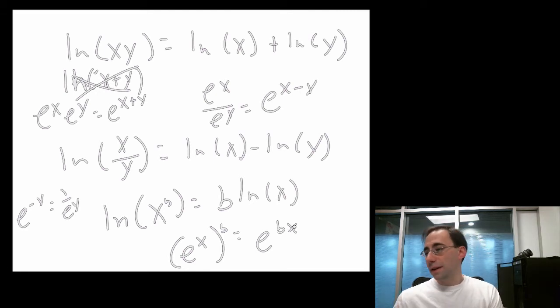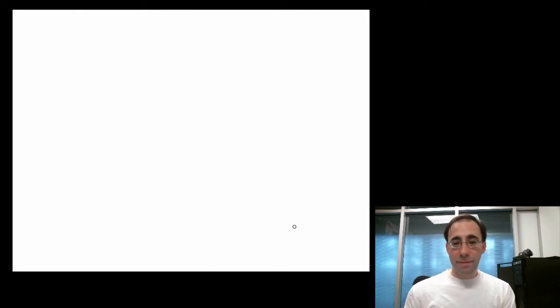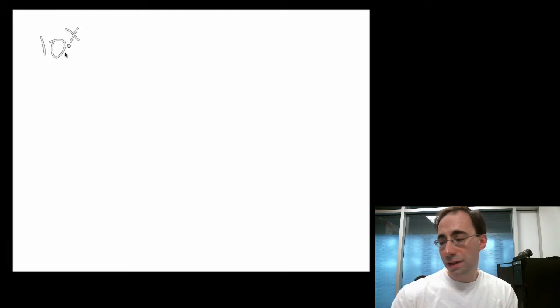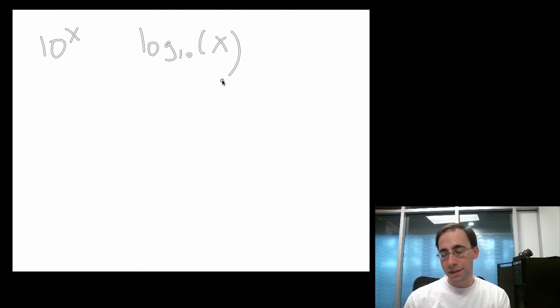That's a log. As I mentioned earlier, that log is the natural log, base e, but all exponentials, like here's a base 10 exponential, its inverse is log base 10, and so on.